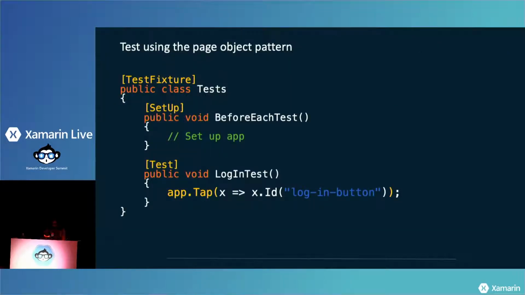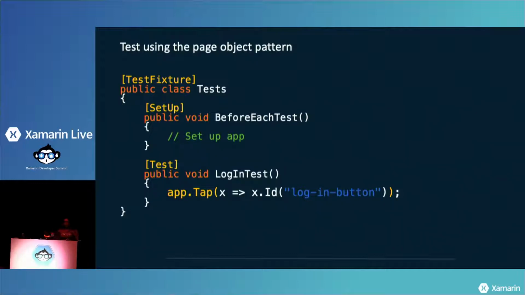So the next awesome thing about the page object pattern is, if you've written UITests before, or if you've not, this is basically what a simple UI test looks like. It's very similar to the NUnit pattern, so you have the setup, then you have the actual test. In the test, there's a really long line that says app.tap, and then it's trying to find an element on the screen by its ID.